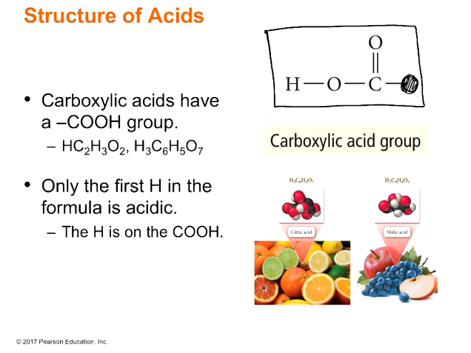Now, only the first hydrogen in that group is acidic. So we talked about earlier that the oxygen is partially negative, the hydrogen is partially positive. Now, the fact that that hydrogen is positive means that it could potentially leave and go to a different molecule.